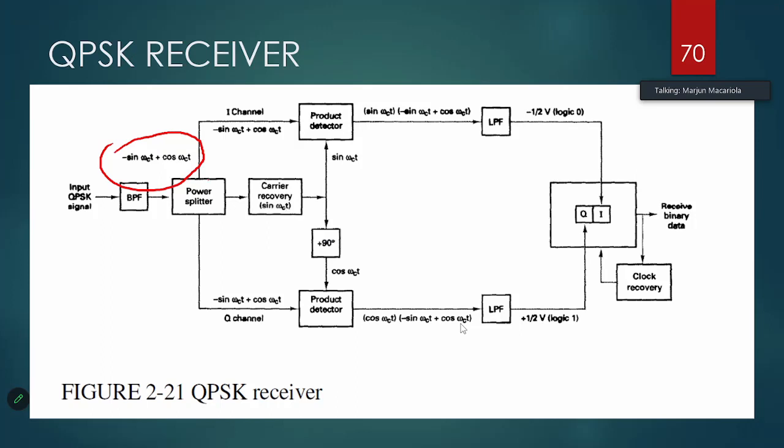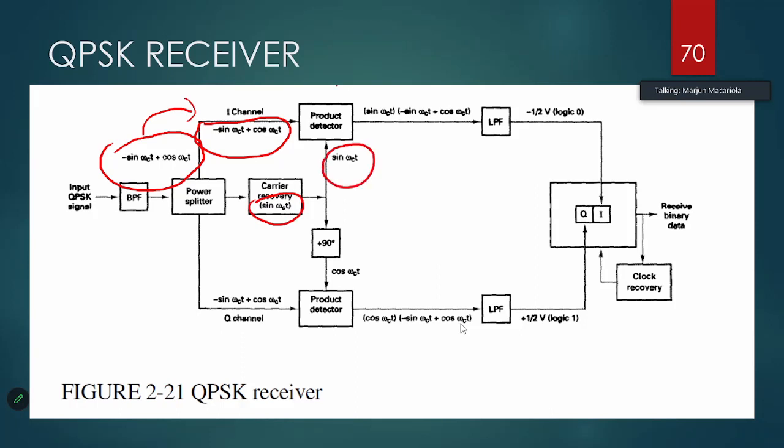Okay? So this input ay papasok sa I channel. Nakita nyo, that is negative sine omega CT plus cosine omega CT. So that is the I channel. Then, using a product detector or product multiplier, you are going to multiply that by its carrier recovery. In this case, the carrier recovery is sine omega CT.